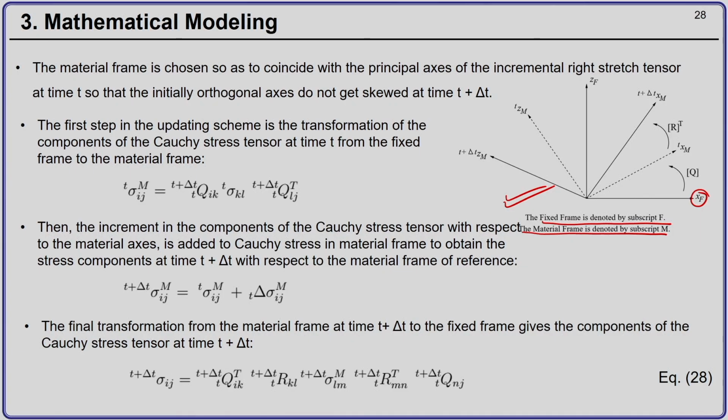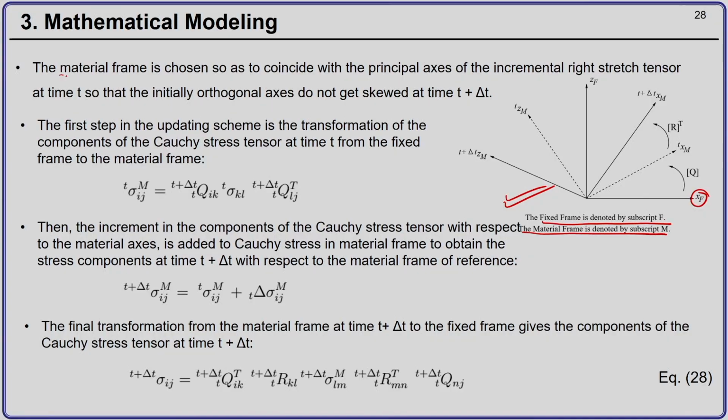Whether in the finite element or the continuum setting, for each point in the material we have a material frame, like an observer sitting at that point and observing the deformation. That observer will not be able to distinguish the rotation.